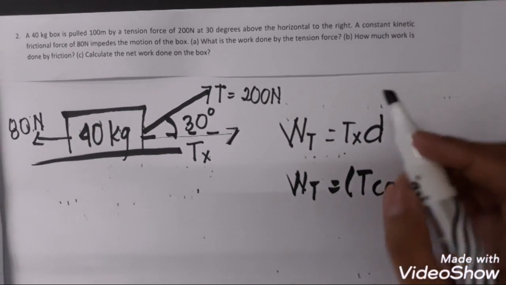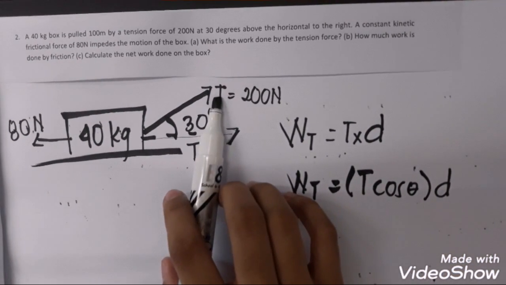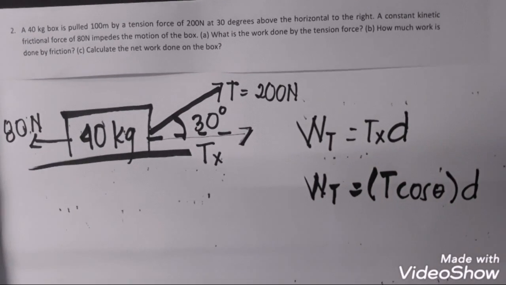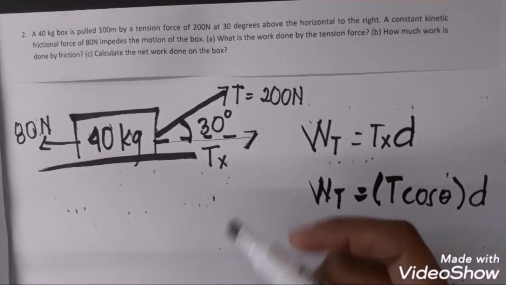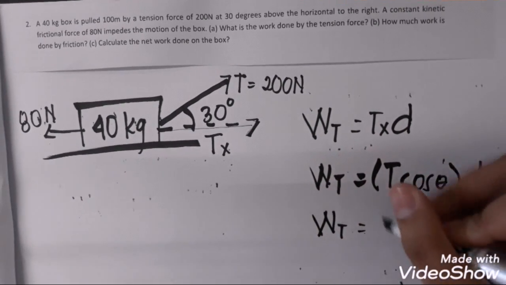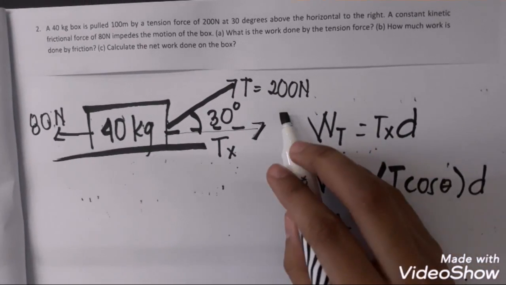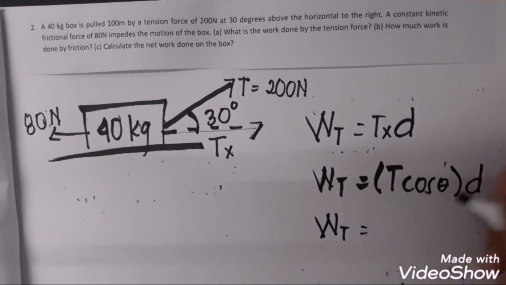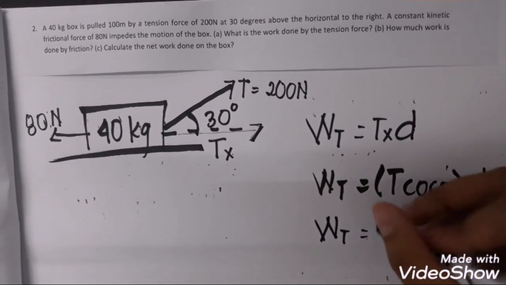Now the angle between T and the displacement is 30. So we put it this way. The tension is 200 times 1 because cosine 0 is 1.